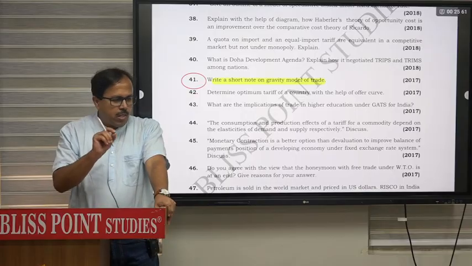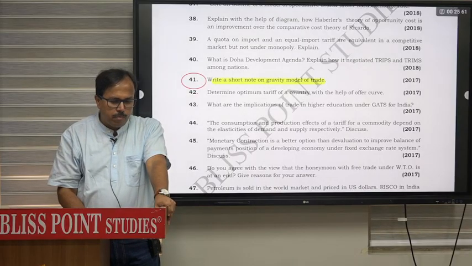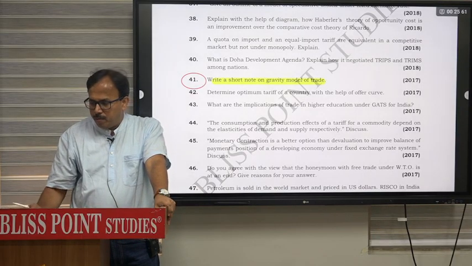So your first heading is gravity model. Gravity model of trade.